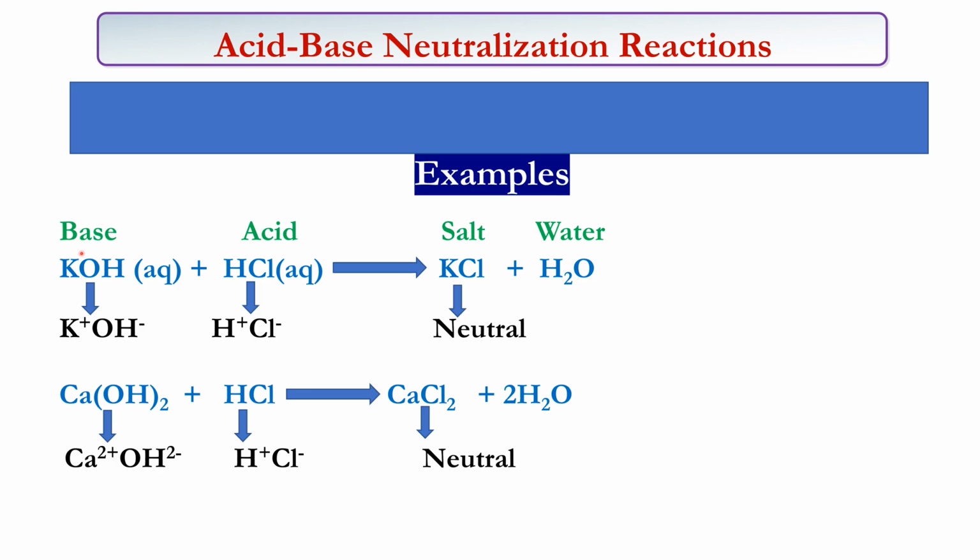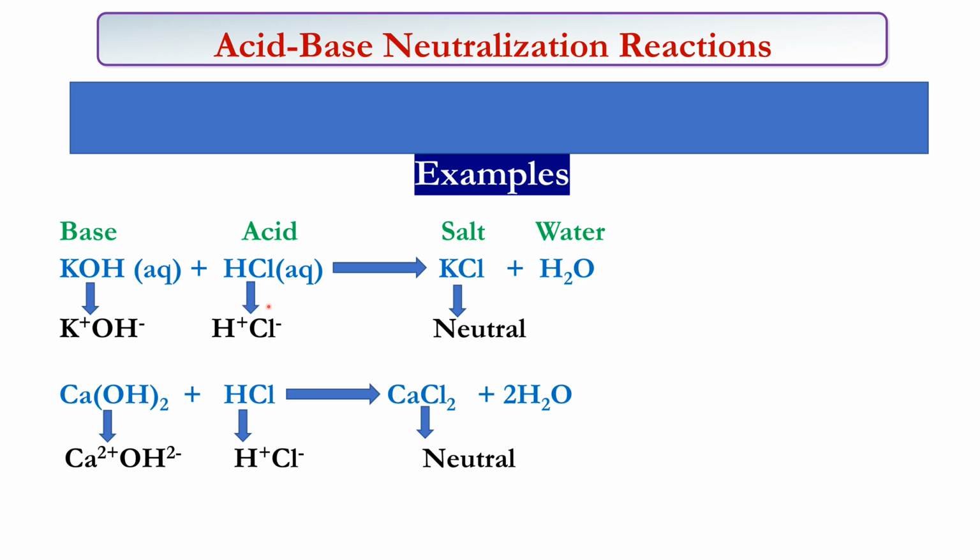This is a base, potassium hydroxide. Potassium hydroxide has these ions, K plus and OH minus. So this positive and negative will be equal to 0, because plus and minus cancel out.